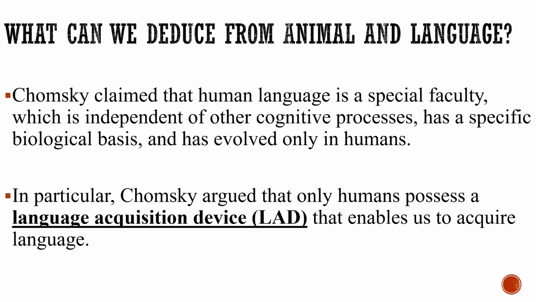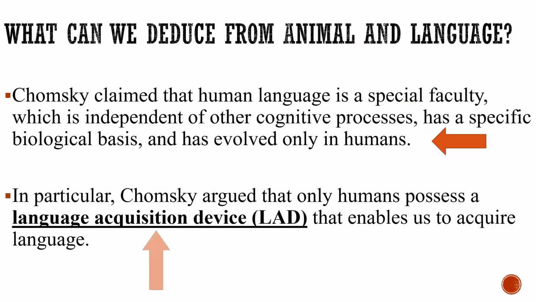I do not necessarily believe all that Chomsky said, but I think he has a very strong ground here, that we as human beings have that faculty that helps us to acquire language, which makes us very different from apes and animals in general. In particular, Chomsky argued that only humans possess a language acquisition device that enables us to acquire language. That one is important.